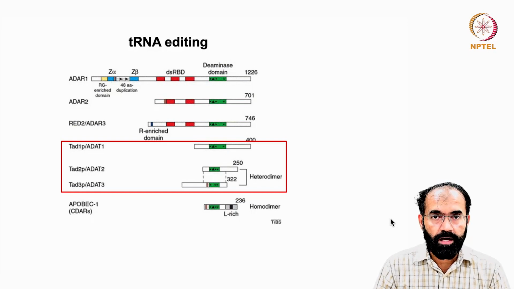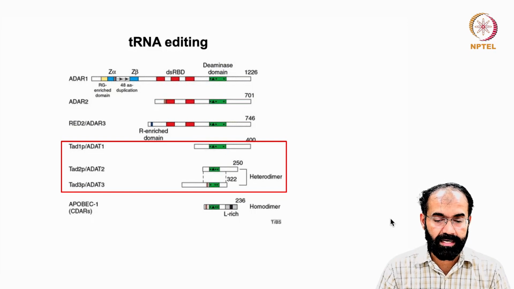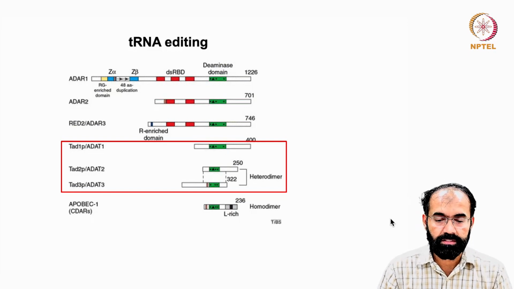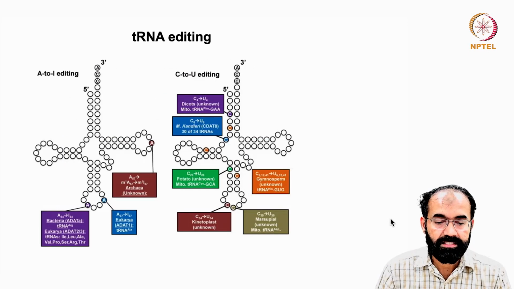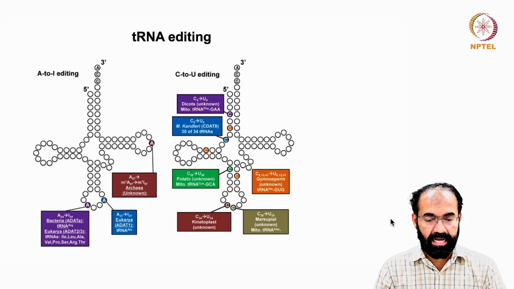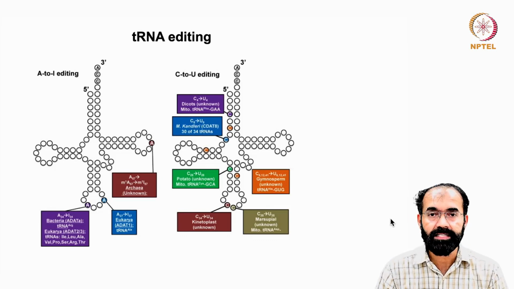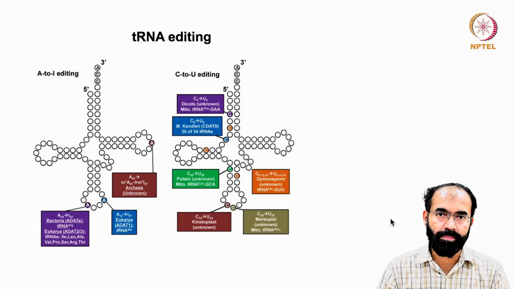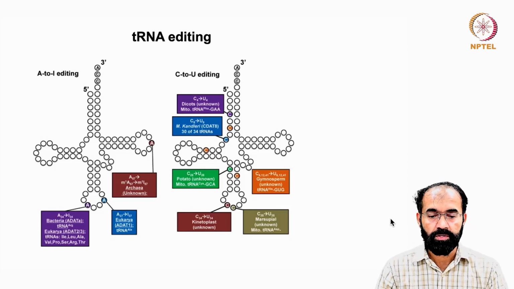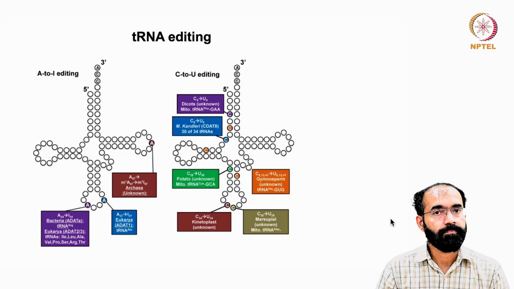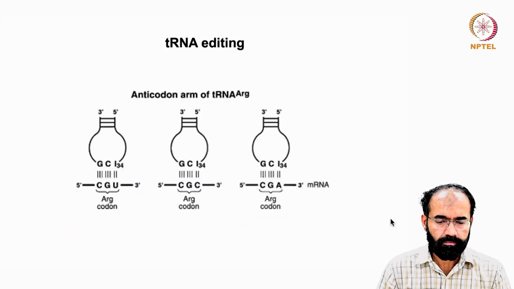We are now going to see more in detail about tRNA editing, which we looked at in the previous class. That is, specific locations in the tRNA need to be edited for the purpose of enzyme identification and also for the stability of the tRNA molecule.